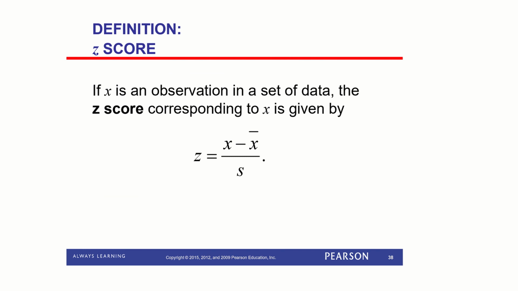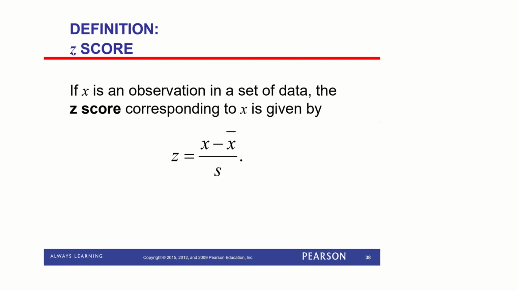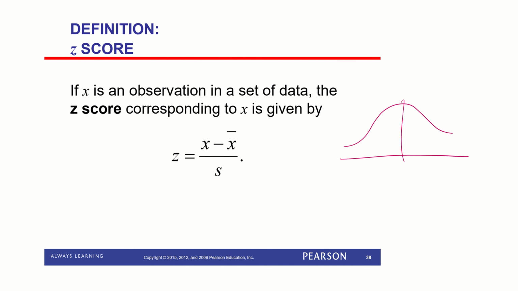So z-score is another way to use a normal distribution or normal curve. However, with the bean example, if you noticed, I used my mean and then I used my standard deviation. Instead, if the number that I'm asking about doesn't lie exactly on one of those lines, what am I going to do?